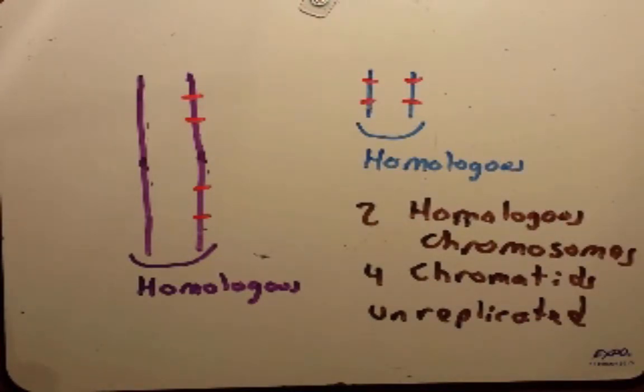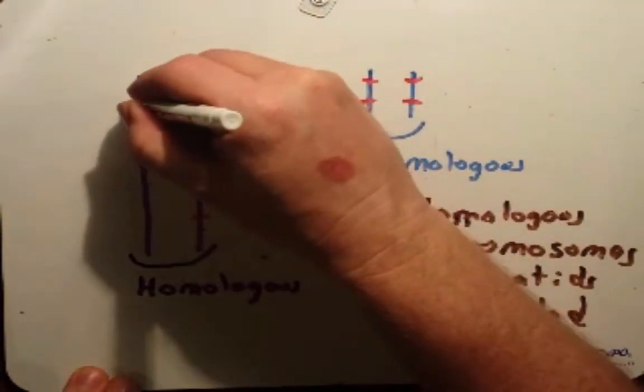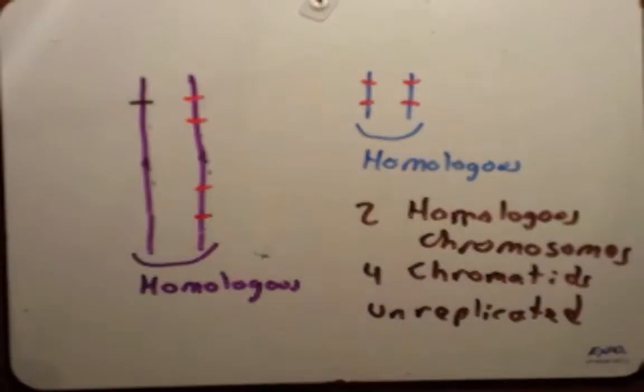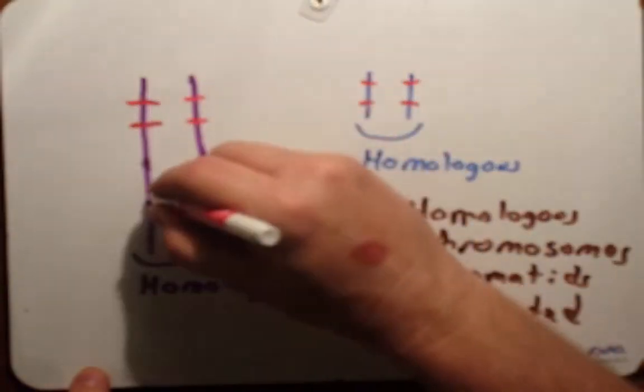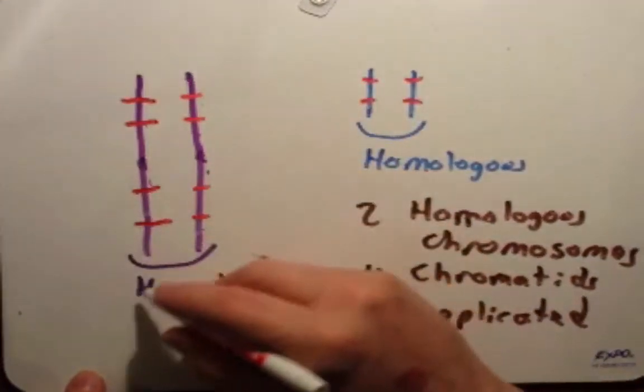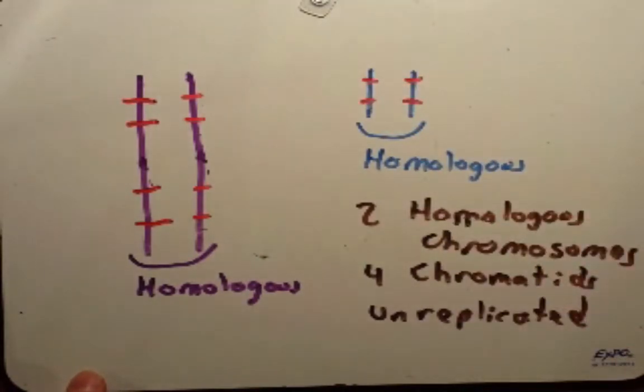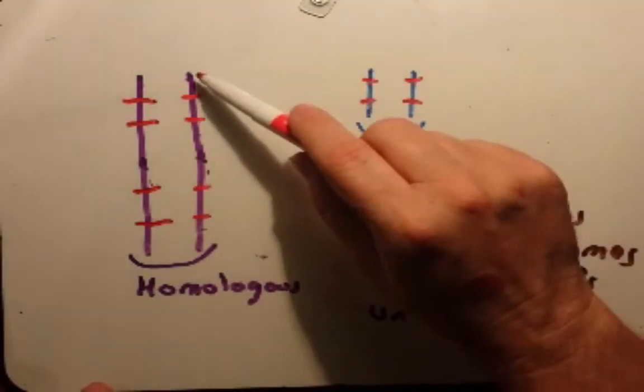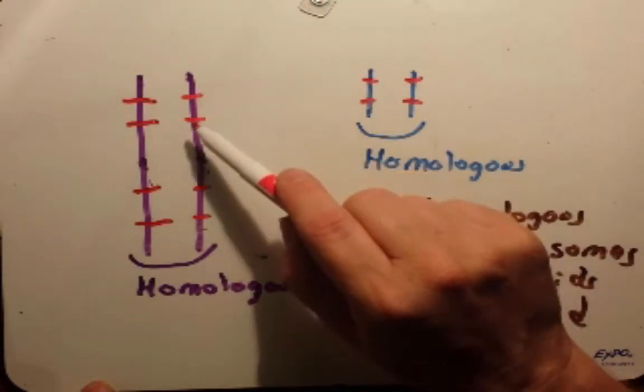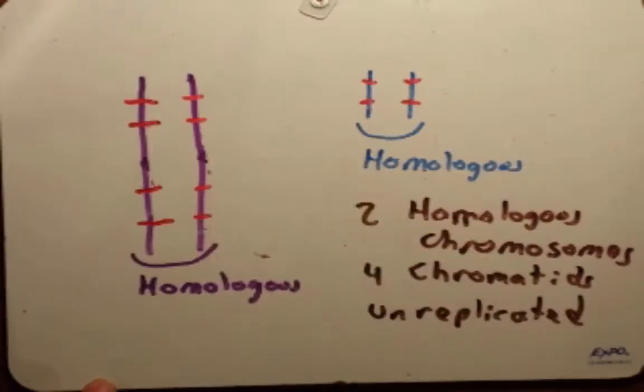I just drew a few. And these are homologous chromosomes, so they're going to have the same genes on the other sides of them. Remember, homologous chromosomes are identical in the sense that they're the same length and they have the same types of genes all the way down.